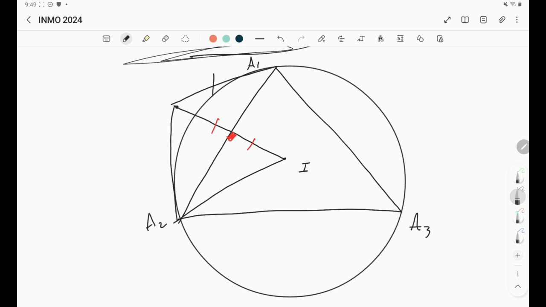If you look at this thing so far, this thing is equal to this. And you can actually see that in fact, if you join, this thing is a kite. It's a kite because we just take this and reflect it here.